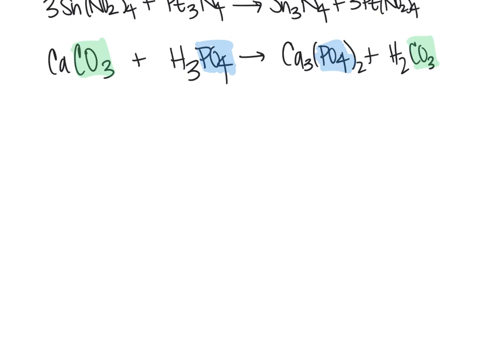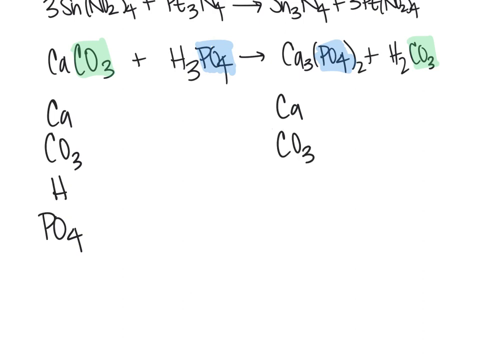When we see the phosphate ions on both sides, it's going to simplify the quantities that we're going to explore. So we have calcium, we have carbonate, we have hydrogen, and we have phosphate. When we look at all four of these groups, we're only going to balance four things because the blue boxes that we're looking at aren't going to change. So we can write down the same things on the other side.